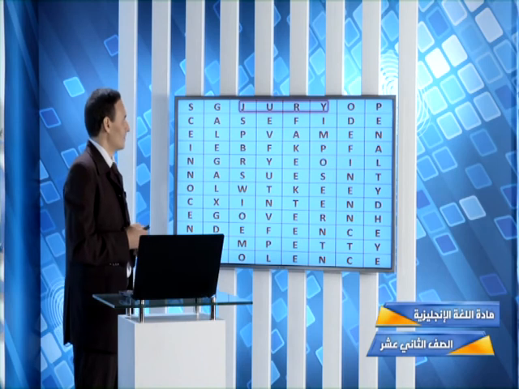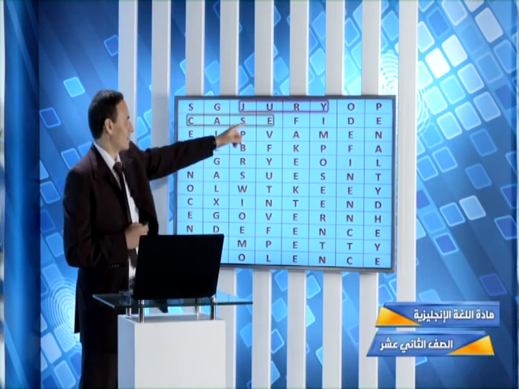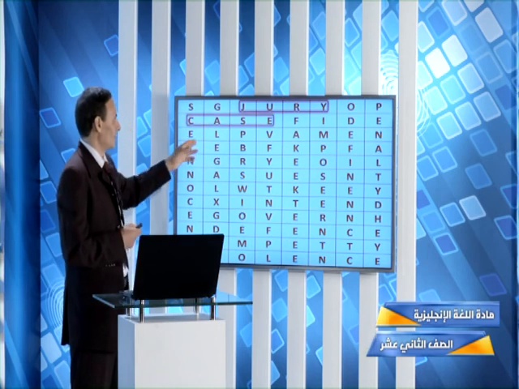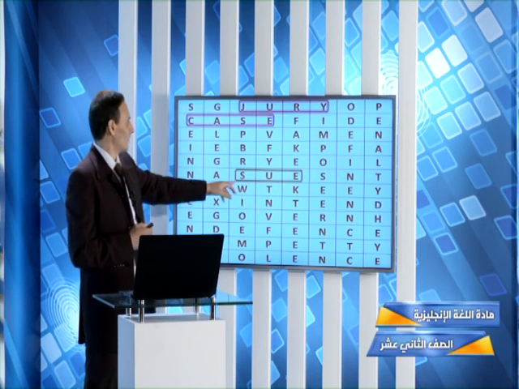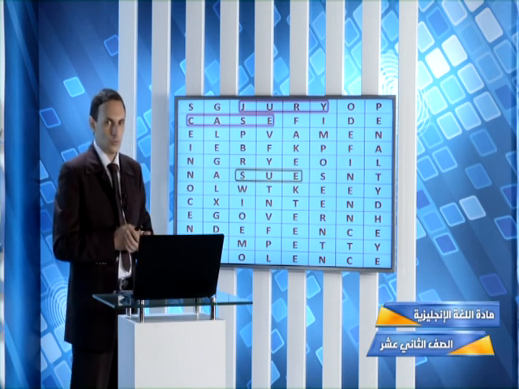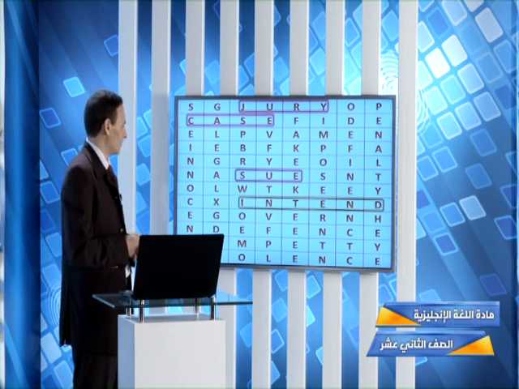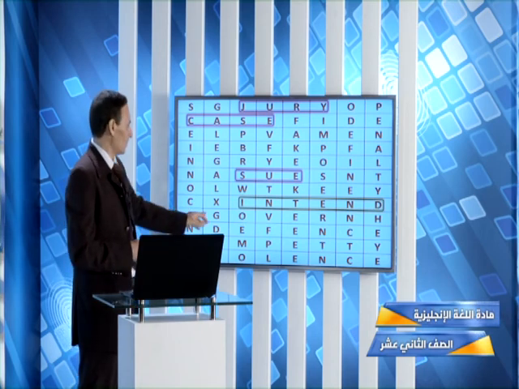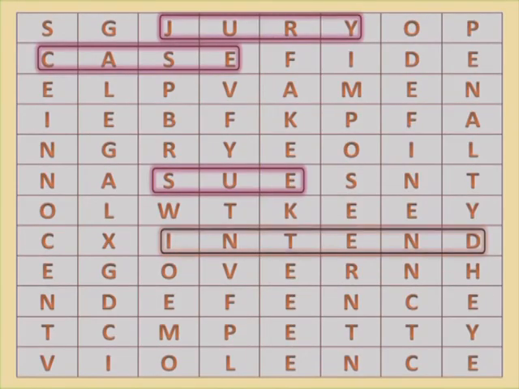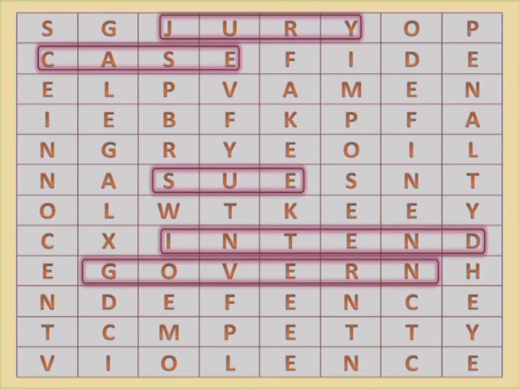Okay? So, next word, case. You skip a few rows and then you'll find the verb sue. Next word is intend. Here you can find a word which is the verb to govern or to control.